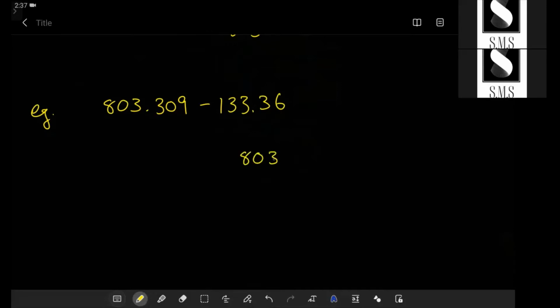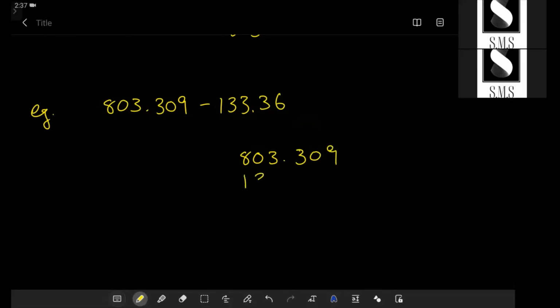Okay, so let's take one more subtraction question. Let's try this one. 803.309 minus 133.36. So we write down our numbers in proper place value.